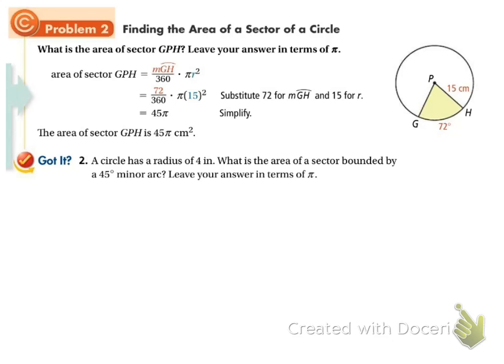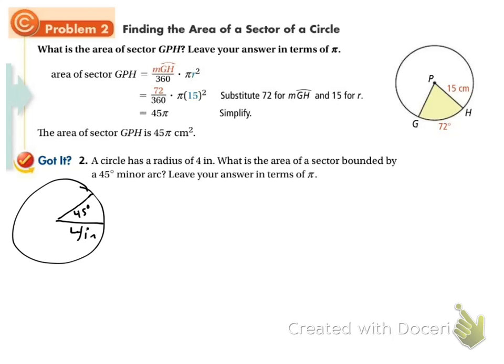So let's do our got it problem here. It says a circle has a radius of 4 inches and it has a 45-degree minor arc. So this is also 45 in here. It's 45 on the outside too. And they want us to leave our answer in terms of pi if we could find the area of the sector.